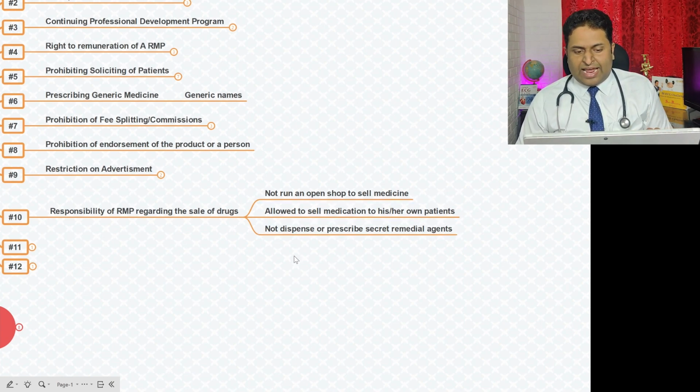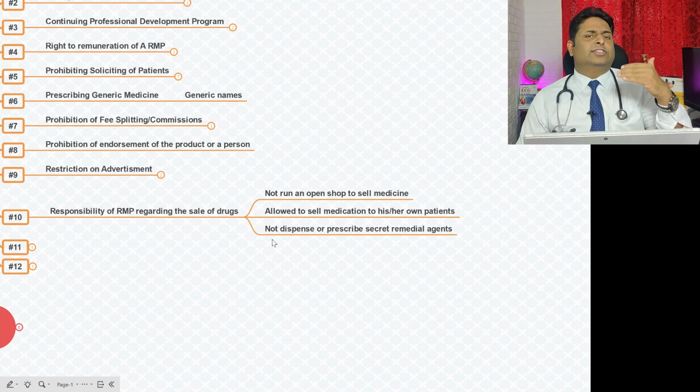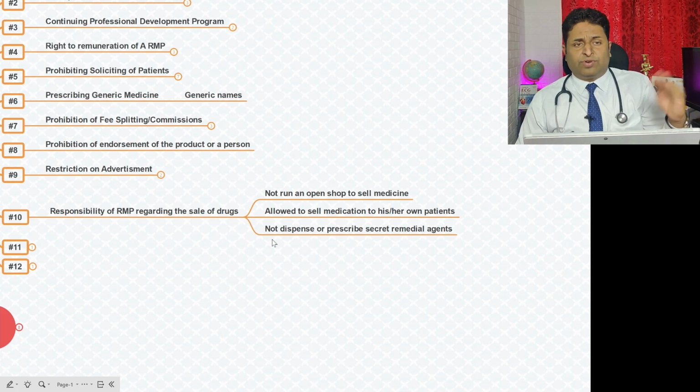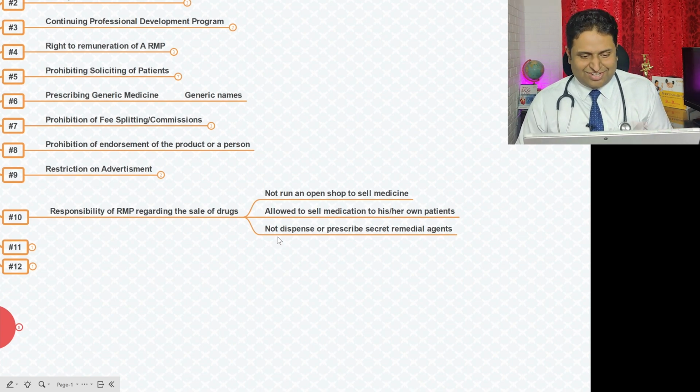You cannot have a general medical shop so that everyone can come and buy. You can only sell the medications to your prescribed patients. Also, you cannot dispense or prescribe secret remedies or agents which no one knows. So that cannot be done.